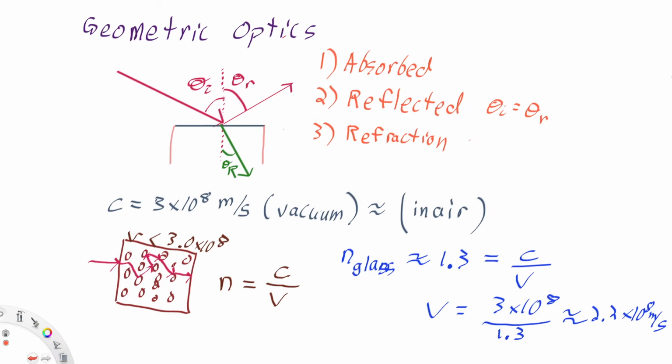So the index of our incident media times the sine of the angle at which it comes in equals the index of the refracted side times the sine of the angle it goes out at.